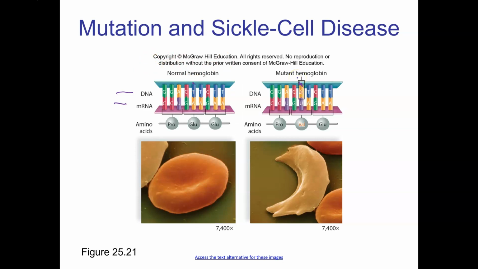It has converted to an A. And because of that one change, when you produce the messenger RNA, instead of having GAA, which codes for glutamate, now you have GUA, and that codes for valine. And that one amino acid difference causes the blood cell, the hemoglobin, to change shape, which causes the entire cell to change shape. And then you have sickle cell disease or sickle cell trait, depending on if you have two alleles or not.